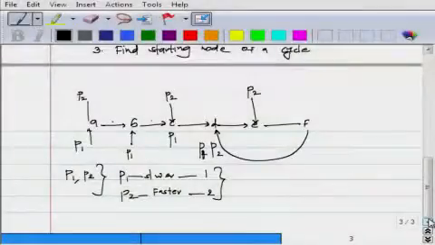Now we will move on to the next objective, and that is to find the cycle length.